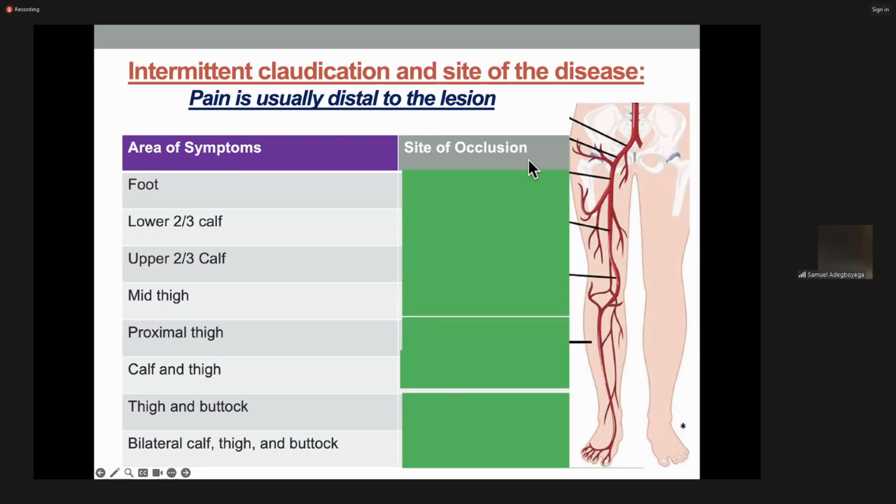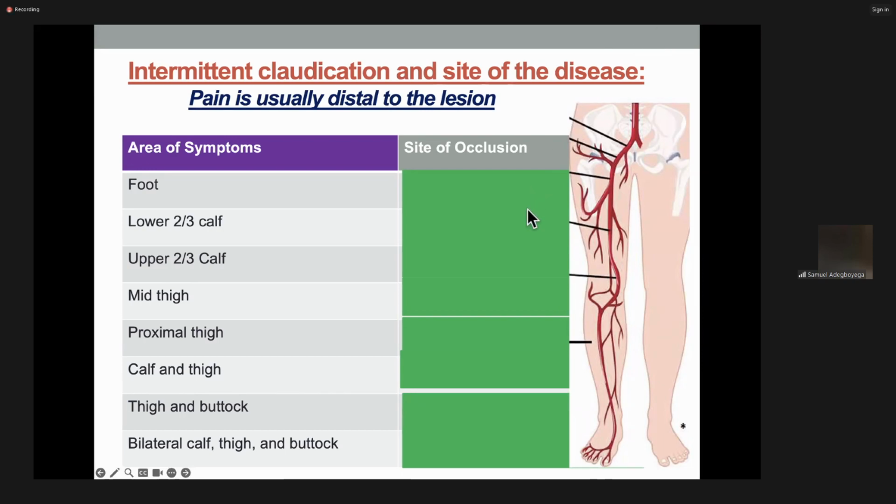When it comes to intermittent claudication, what's really causing the pain is an occlusion somewhere. And it's very important that you could find the site of occlusion. And whatever the site of occlusion is, the pain is distal to that. So let me give you an example.